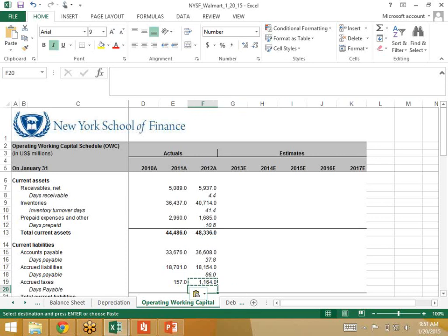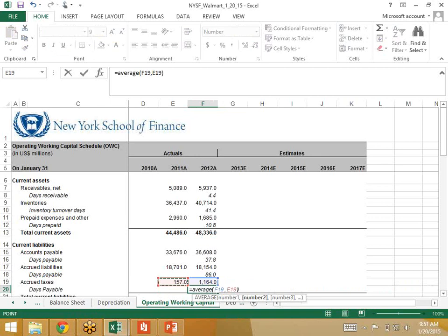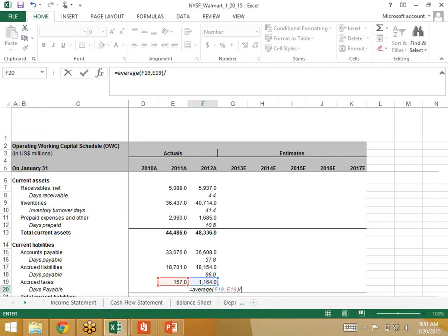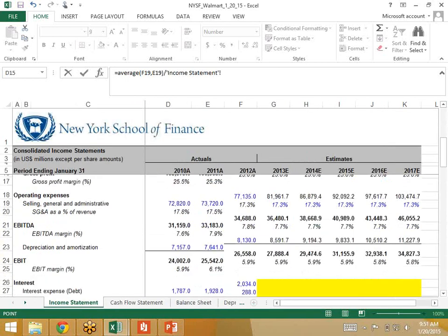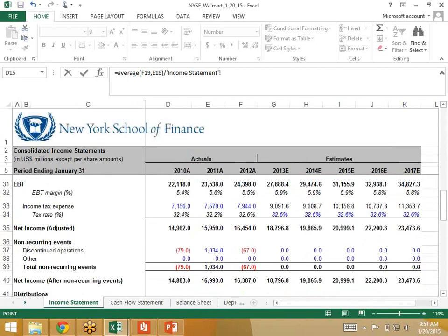So let's do this as a percentage of taxes. So this is going to be the average of this year related to last year divided by taxes, right? So divided by income tax expense times 360.